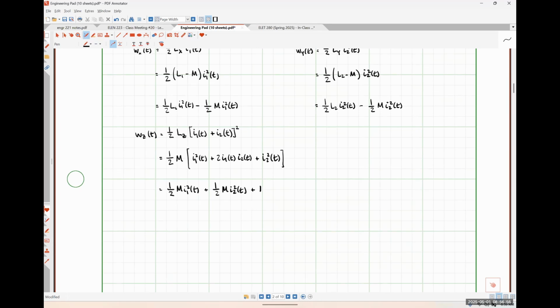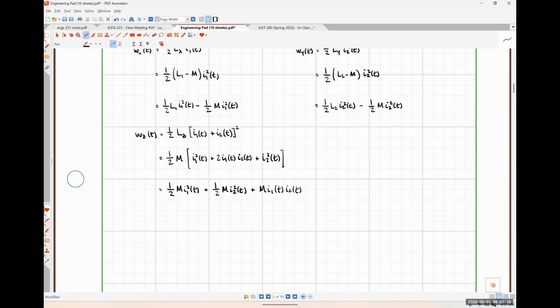And I'm just left with M times I1 I2. So this is the energy stored in each individual inductor that forms our transformer, essentially.